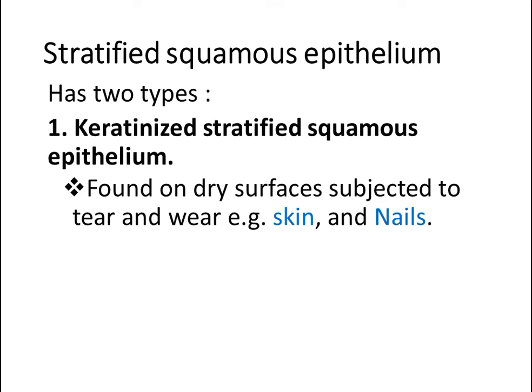It contains the protein keratin, hence the name keratinized stratified squamous epithelium. Meaning we're talking of an epithelium that contains the protein keratin, has many layers, and is flat. Okay.